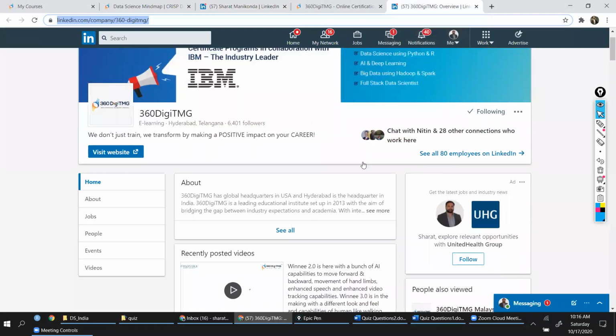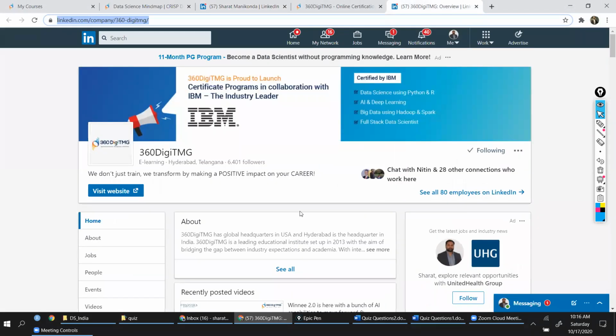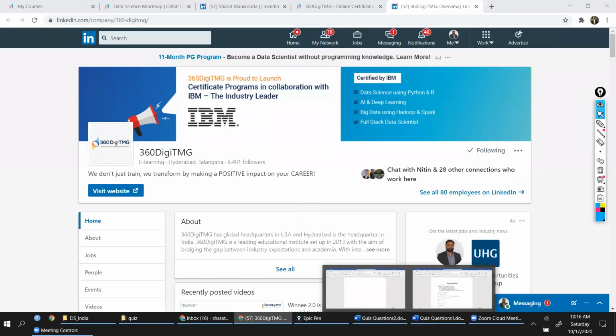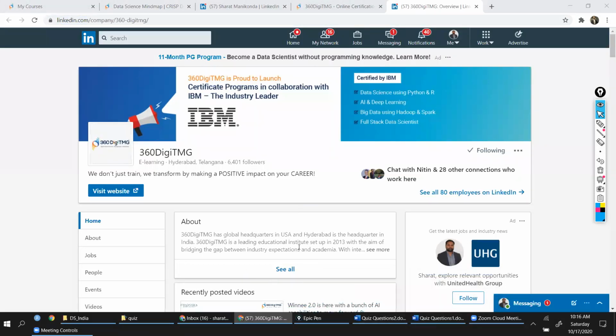This is my profile and this is the 360 DigiTMG profile. Not just LinkedIn, all the other social media channels too. Trust me, it will be the primary source of truth for recruiters.